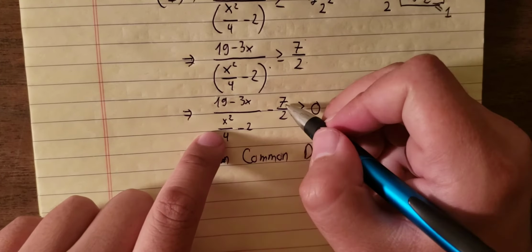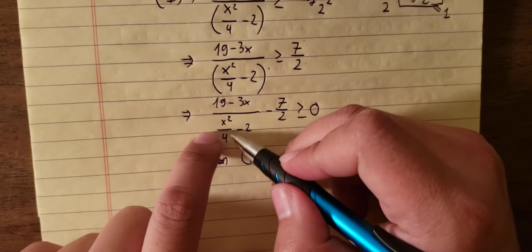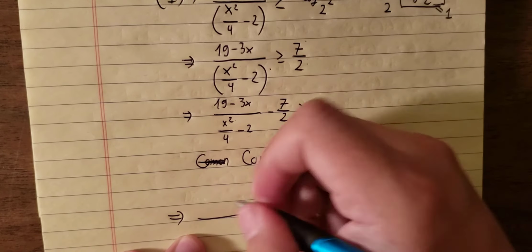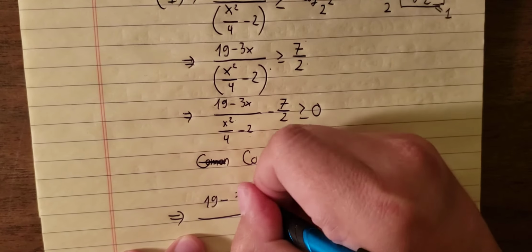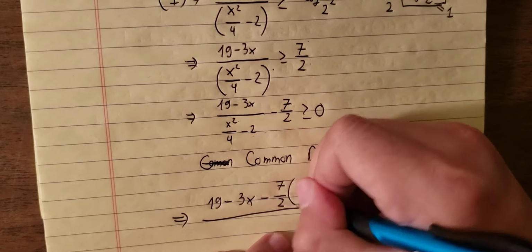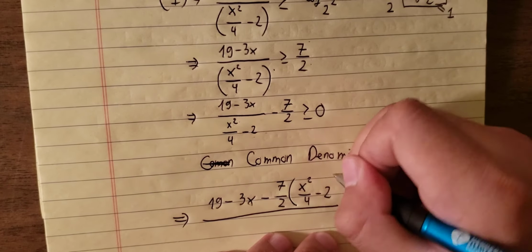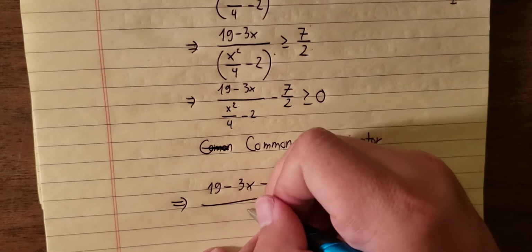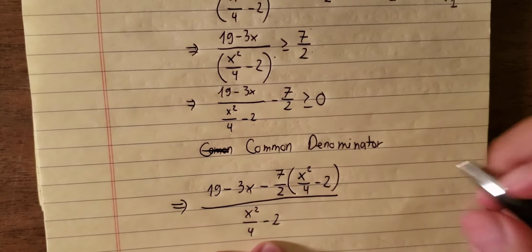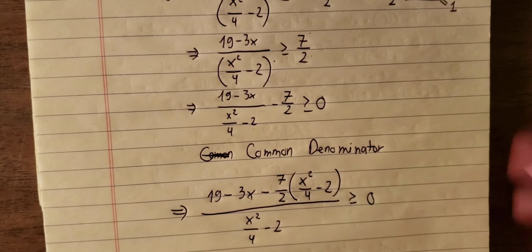So we have 7 over 2 and we have x squared over 4 minus 2. So we will go about 19 minus 3x minus 7 over 2 multiplied with x squared over 4 minus number 2, over x squared over 4 minus number 2, is greater than or equal to number 0.